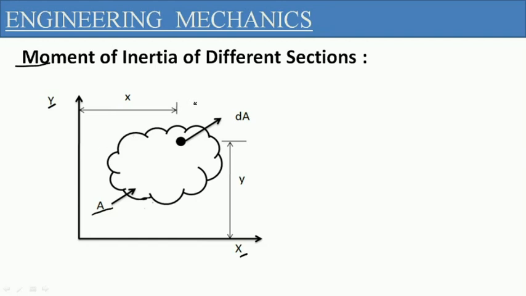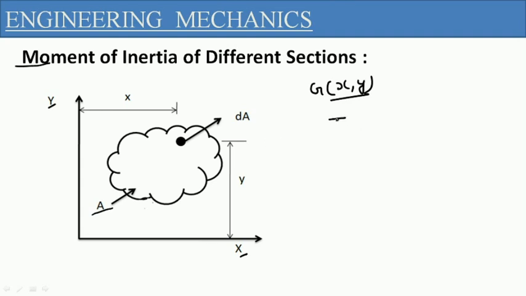And we need to define the position of that particular point with respect to these two axes in terms of coordinates. So if we are considering that point's distance from y-axis is x and from x-axis is y, here G we will consider as (x, y). This is representing the coordinate of that particular point.